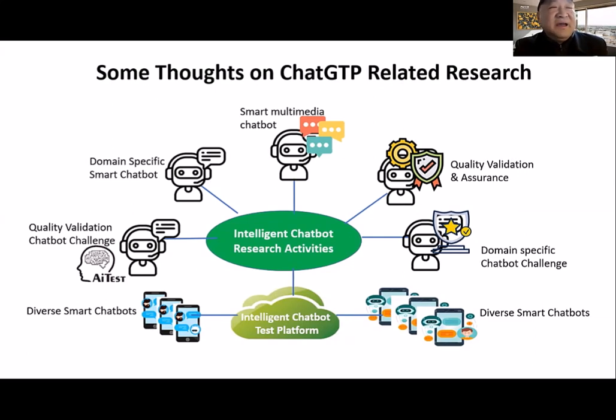So this is my initial thought about what could be interesting research related to chatbots. And also I think for SJSU alone, they could set up some education-oriented chatbot, a grant proposal to support how to use this on campus for teaching and research.